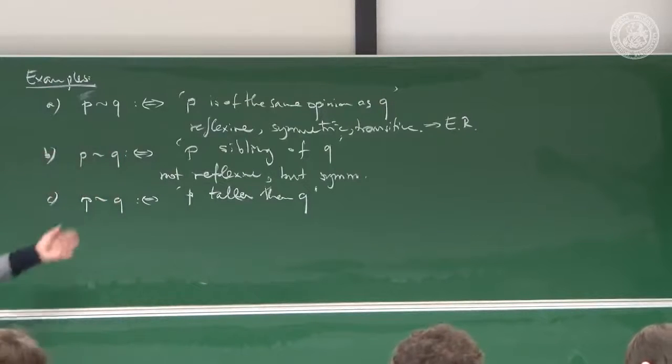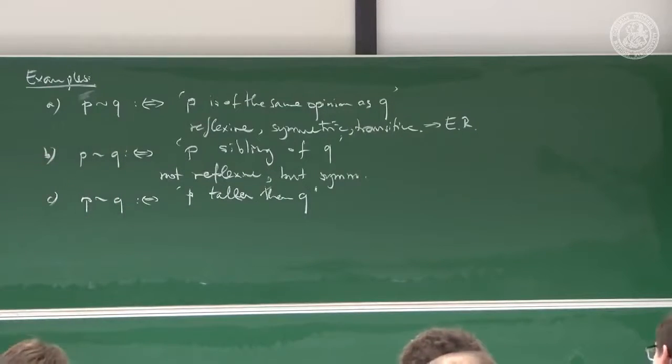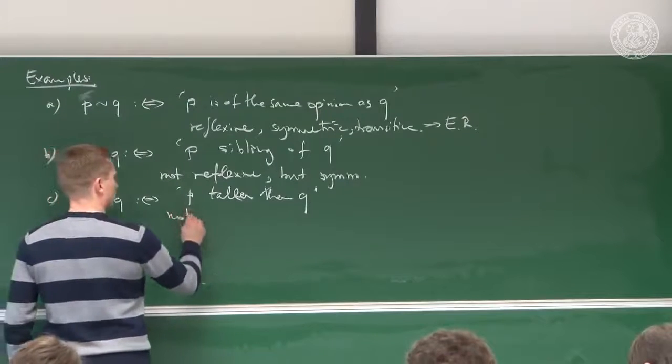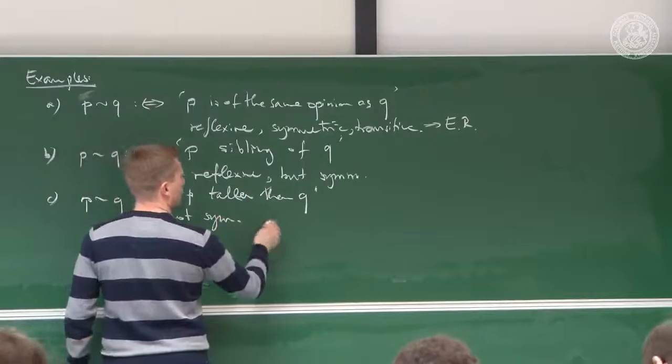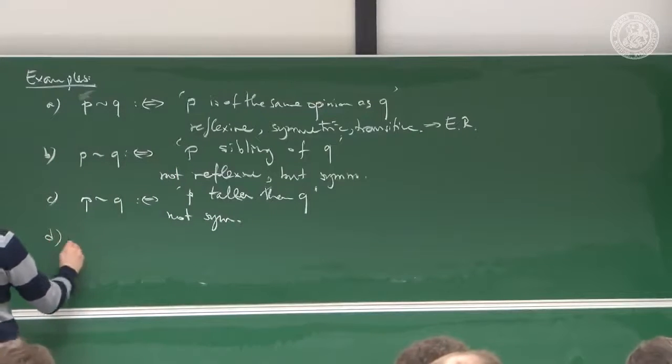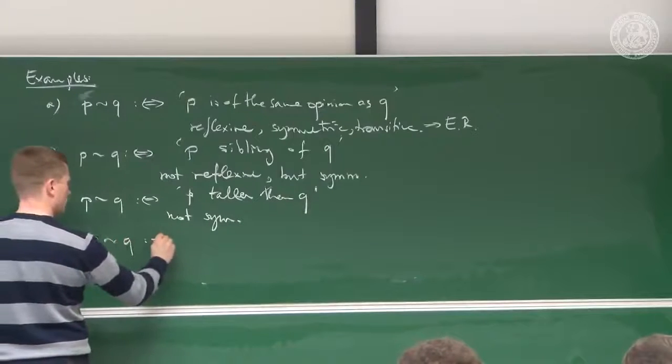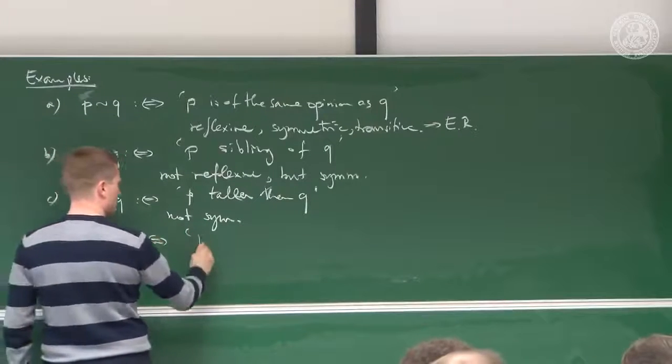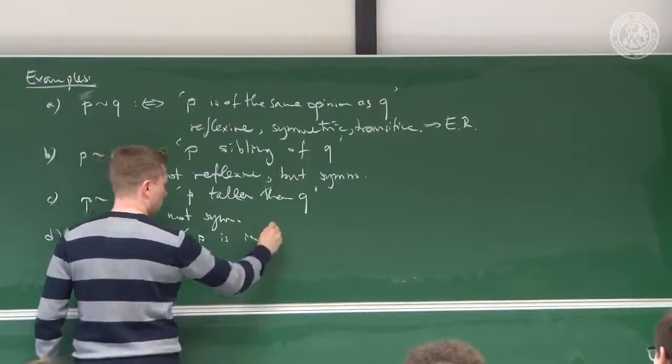You could make it reflexive if you say taller or equally tall, okay? But certainly it's not symmetric generically, and therefore fails to be an equivalence relation. And then my favorite is p ~ q: p is in love with q.